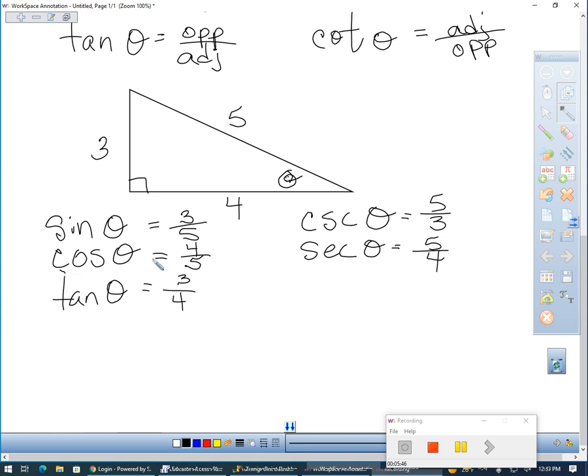Or again, you'll notice you flip over cosine. And cotangent of theta is adjacent over opposite. Or 4 over 3. So once you have that triangle there, the rest is easy, just to write them all down, right? Okay, so let's actually do an example similar to what you're going to get in the homework.